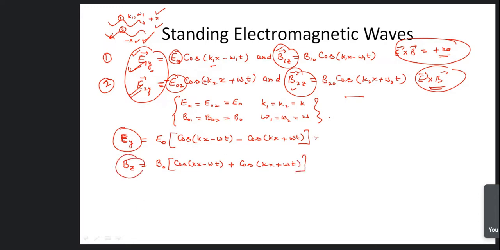Okay, and we can use our trigonometric knowledge: cos of a plus or minus b is equal to cos a cos b minus or plus sin a sin b.